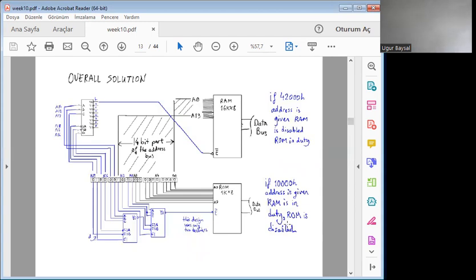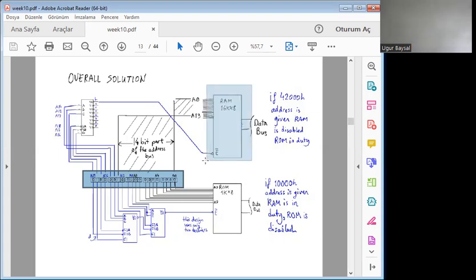So our overall solution, in this partly represented schematic, the physical address bus is shown with 20 bits in the middle. Microprocessor and associated latches are not shown. Other control circuitry like clocks or other stuff are also missing and neglected.